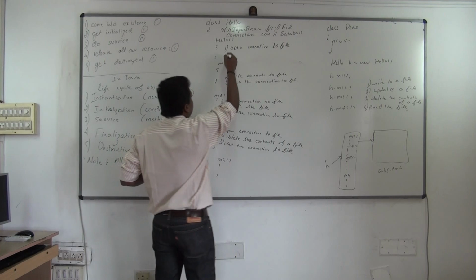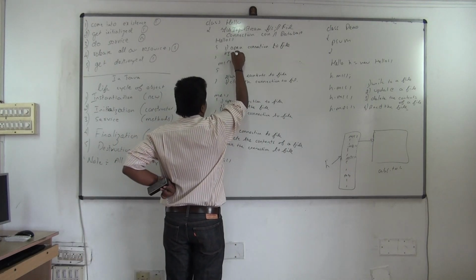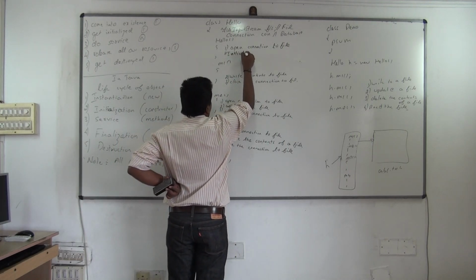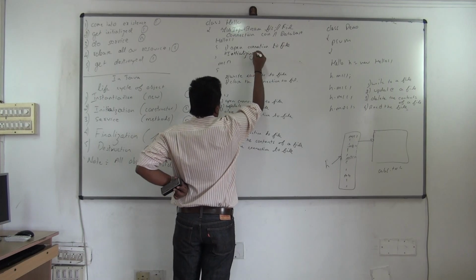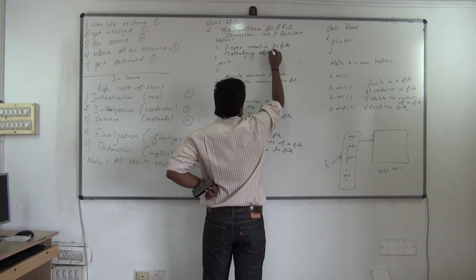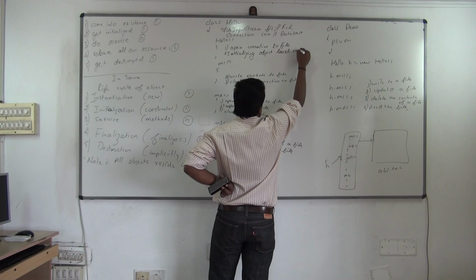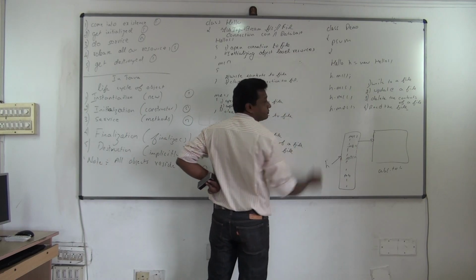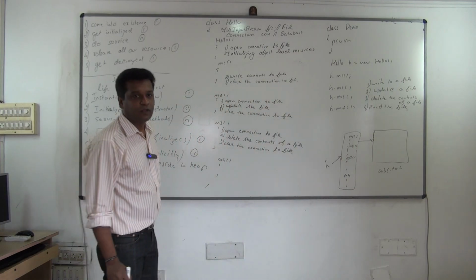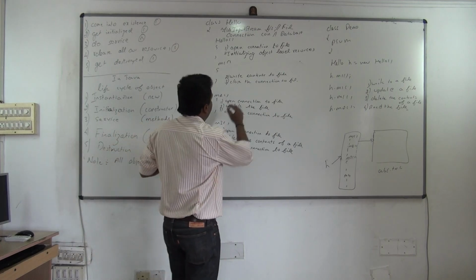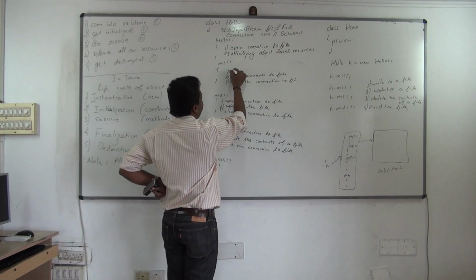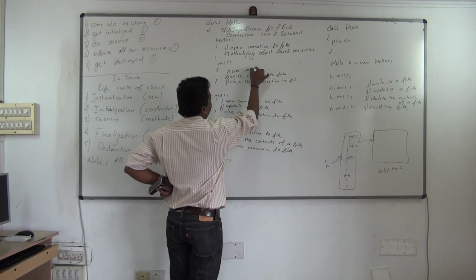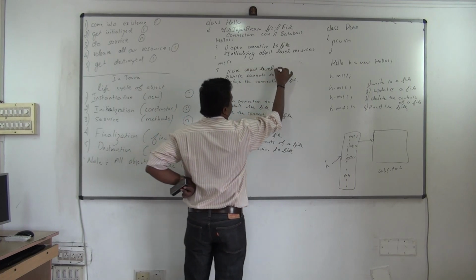But technically it is called what? Initializing. See, why do you use a constructor? Initializing object level resources. Understood? Now the methods, what they do is they use object level resources. Remember that.